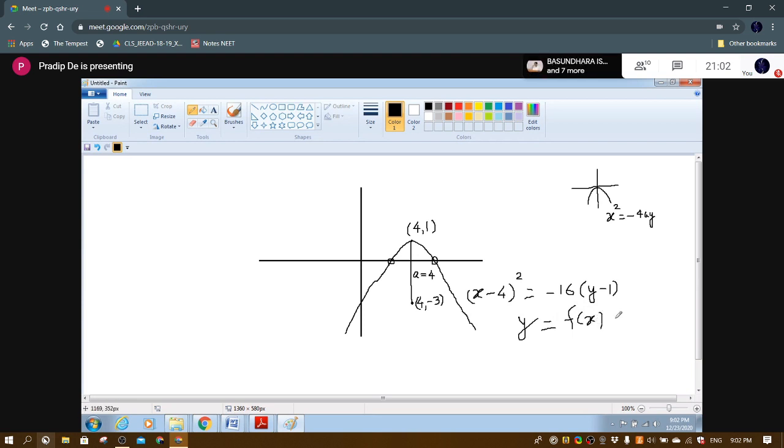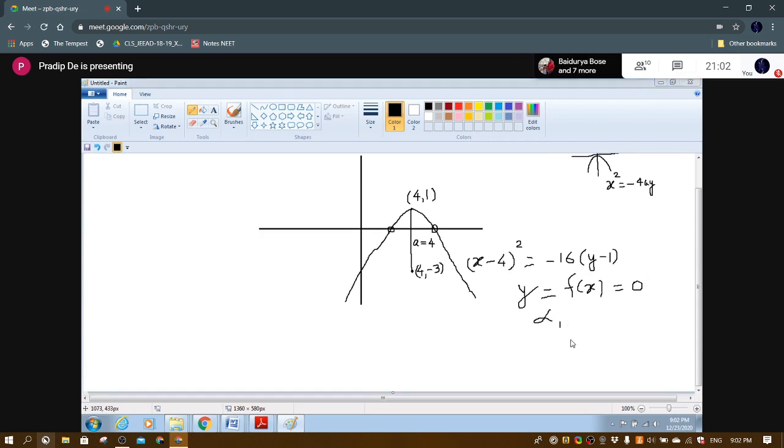And if you equate that to 0, then the roots are alpha, beta. So these are those roots, alpha and beta, like that.